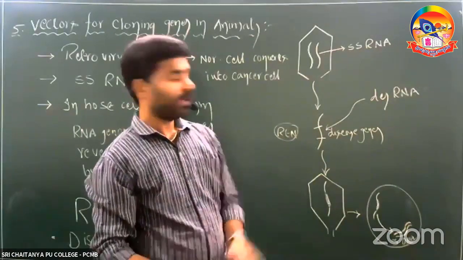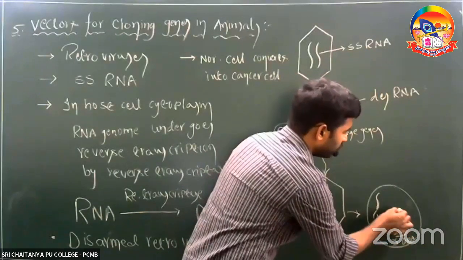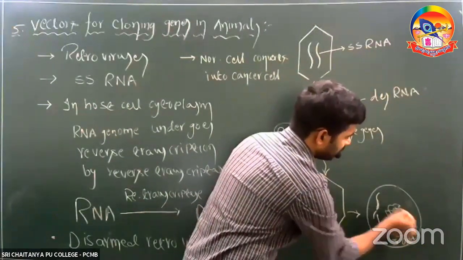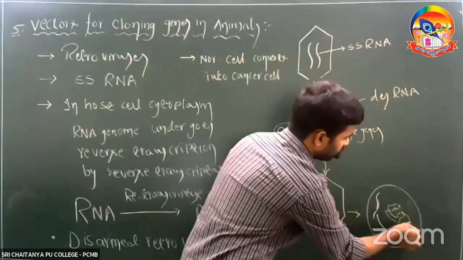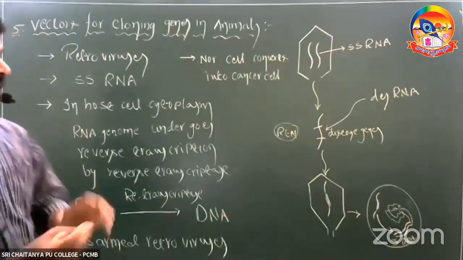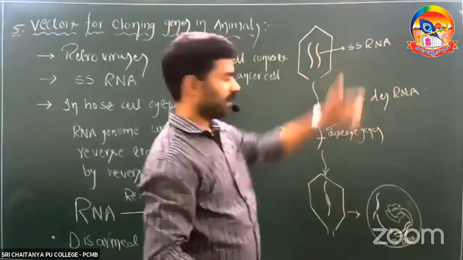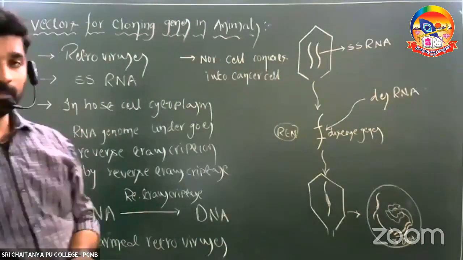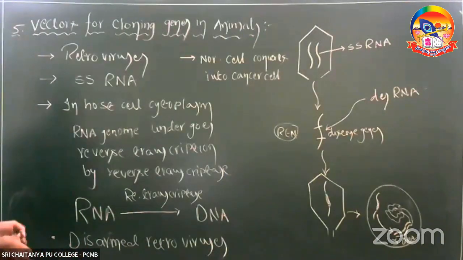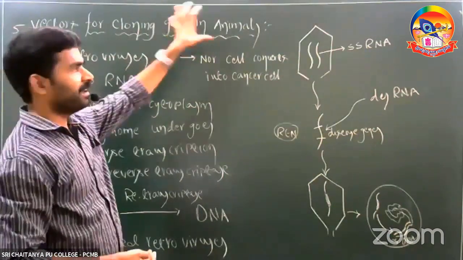Then it is closely incorporated with the animal cell genetic material, and along with the animal cell genetic material, that foreign or desirable genetic material is also amplified. In this way, vectors are used for cloning genes in animal cells.